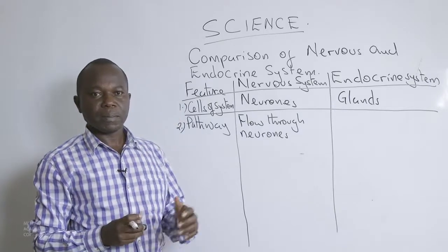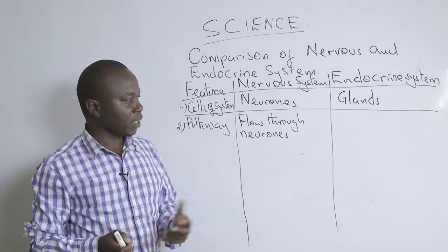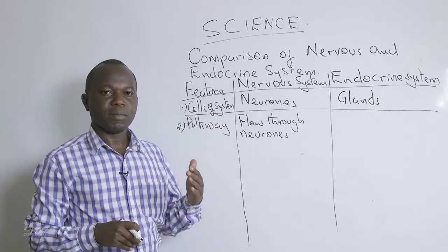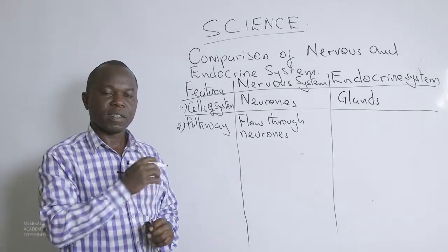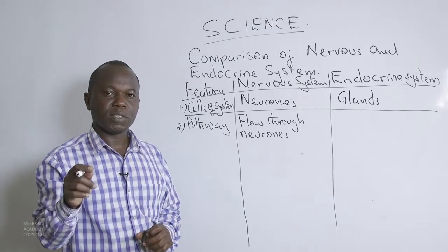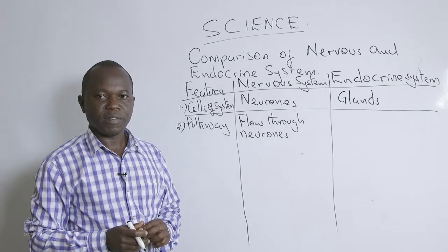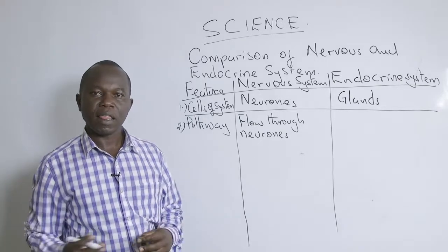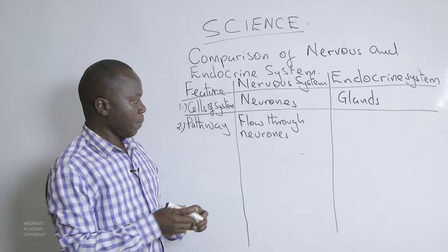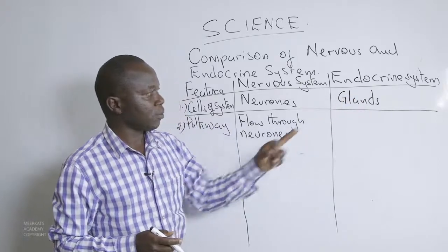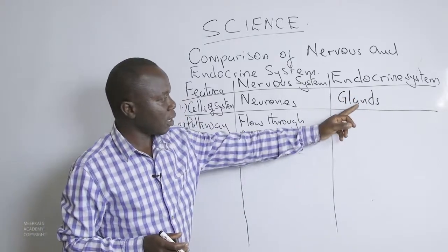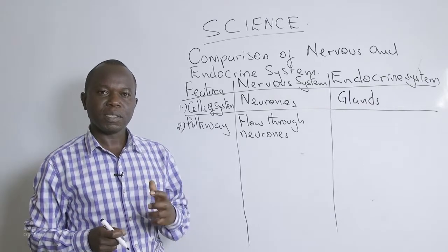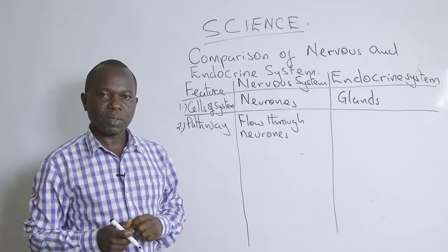That is how we describe the reflex arc, where or how the impulses will be moving from the receptors to the central nervous system to the effectors through sensory neuron, relay neuron, and then motor neuron. And then endocrine system, we have just looked at it in the previous lesson. We say that glands are going to be stimulated to release hormones.